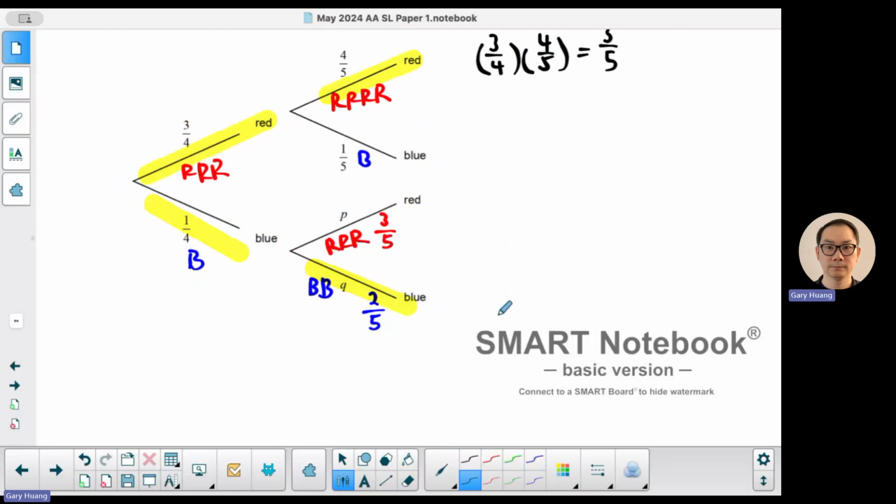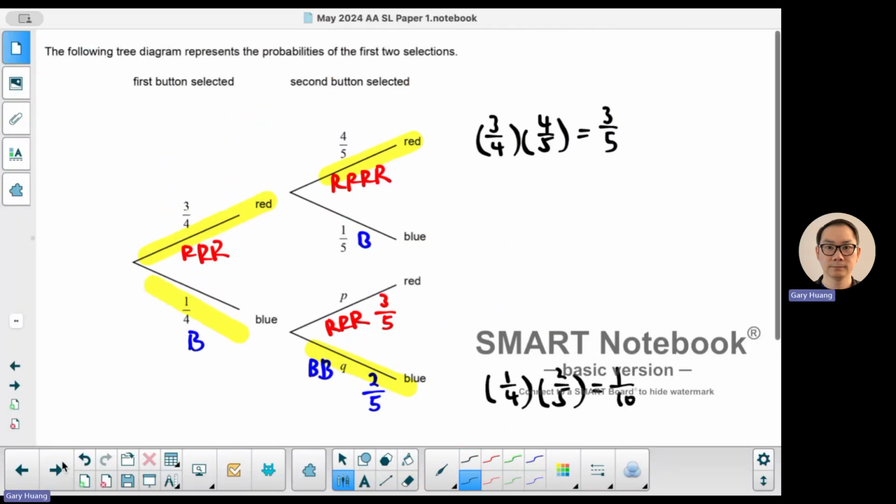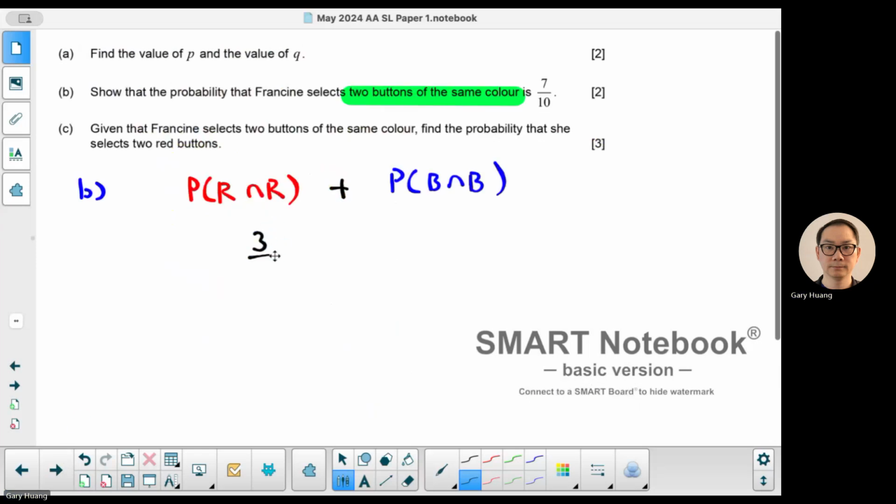That is going to be 1/4 multiplied by 2/5, which is 1/10. And we're going to add those 2 numbers together. So 3/5 plus 1/10 is going to equal 6/10 plus 1/10, which is 7/10. And that's how we show that the probability that Francine selects 2 buttons of the same color is 7/10.